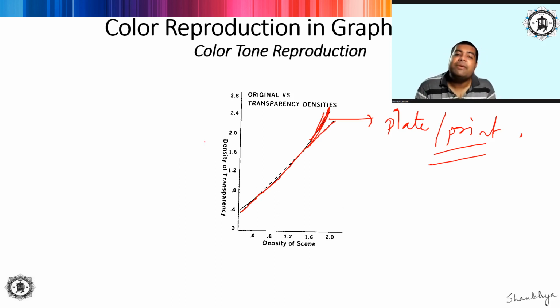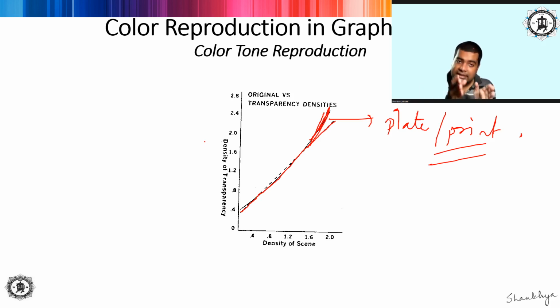But this will be marred by the fact that the increase in contrast in the shadow areas is excessively high. Remember how I told you that in order to compensate for the lack of the three color combination, the black printer was printing heavy, and because of that the shadow contrast increased to a great extent, right? And overall, actually the shadow contrast reduced for a different reason, additivity failure.